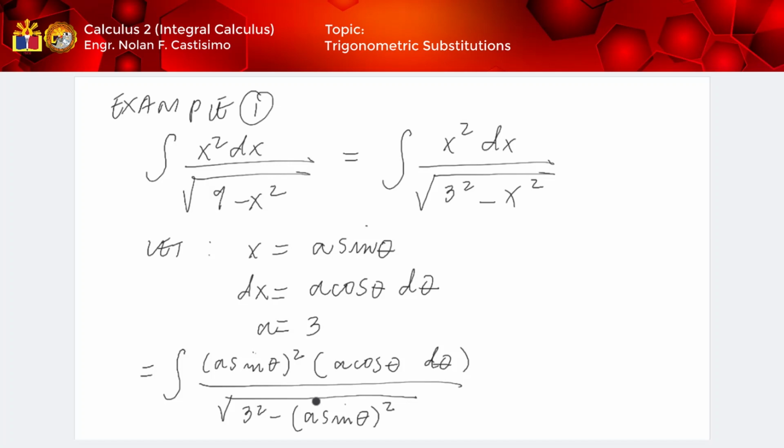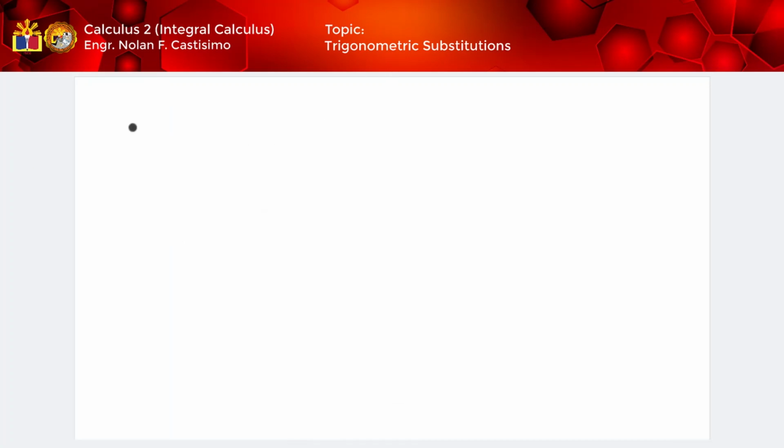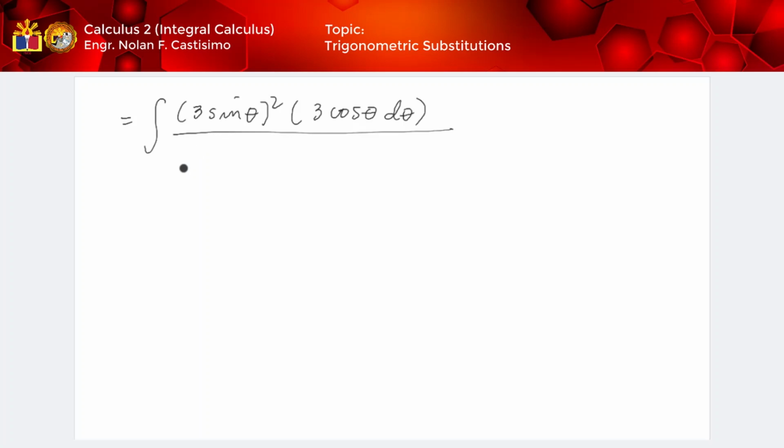So ngayon, substitute naman natin yung value ng a natin sa next step. So we have integration of 3 sine theta squared, 3 cosine theta d theta over square root of 3 squared minus 3 sine theta squared.